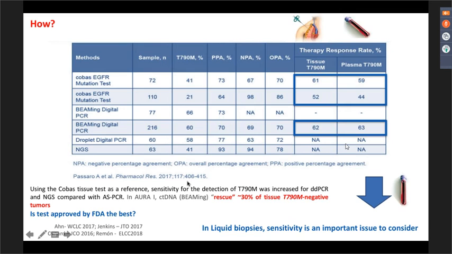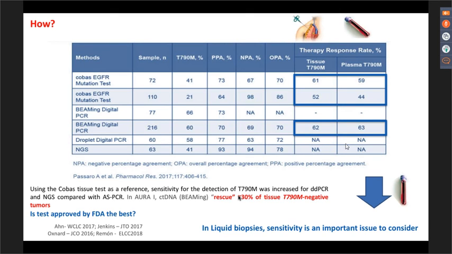In this study, using BEAMing or digital PCR, we were able to analyze patients and rescue at least 30% of the patients that were negative using real-time PCR techniques.